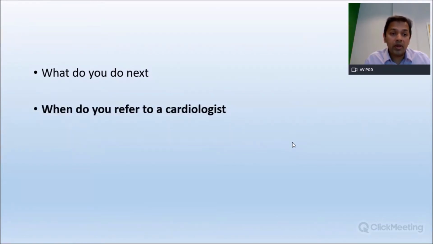And if it is, what do you do next? How do you manage this patient? And most importantly, when do you refer to a cardiologist? During this presentation, I'll be sharing a few examples of cases of my patients.